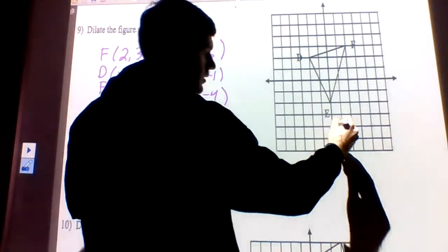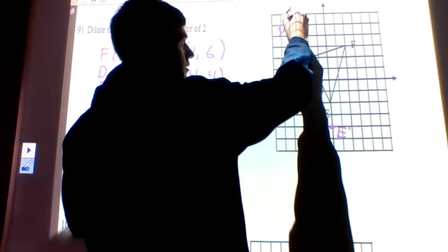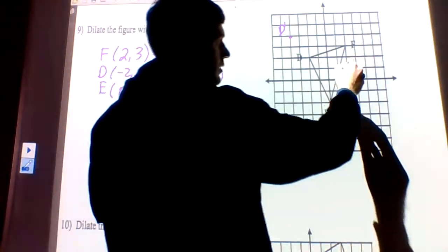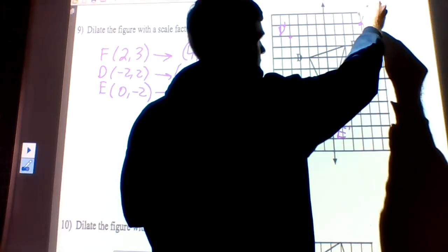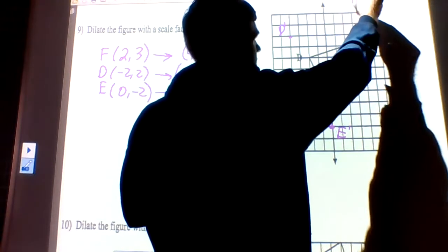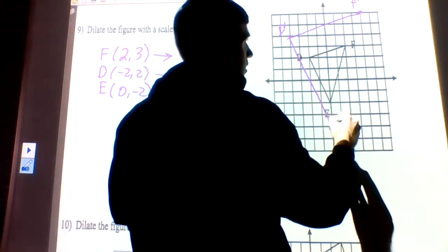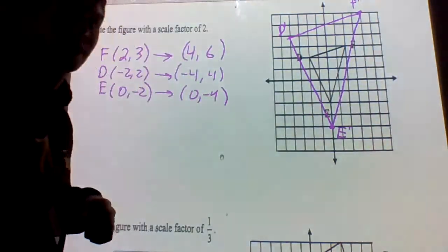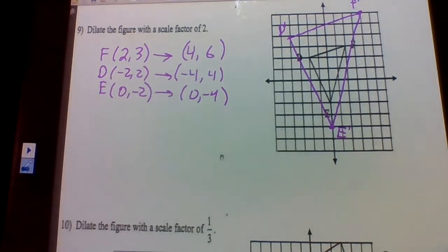So E prime is here, D prime is here, and then F prime is 4, 6. Okay, so we move everything twice as far from the origin. Easy enough. Let's look at 10.